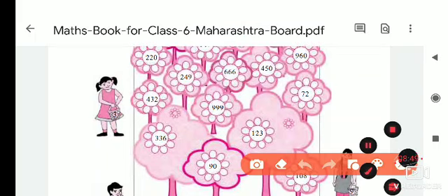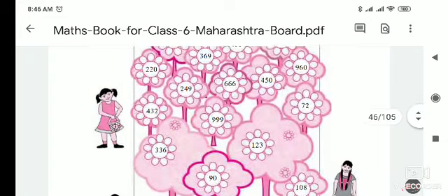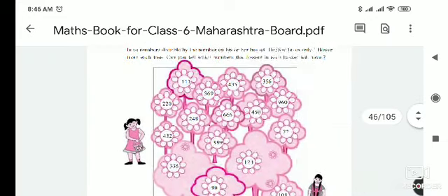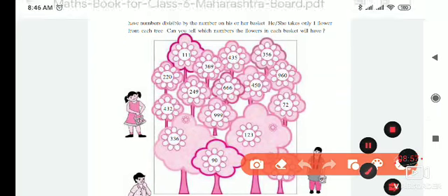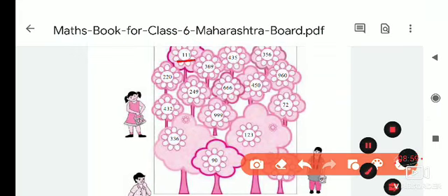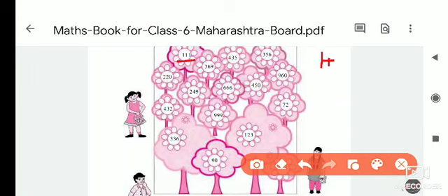If you add the digits of 111, 1 plus 1 plus 1, its answer is 3. So this flower who will take? This girl will take. So 3, I will write here, 111.